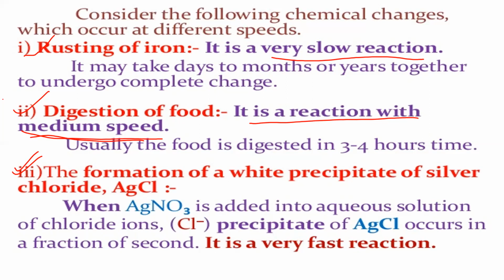That is why it is a very, very fast reaction. So depending upon the time taken, we have very slow reactions, moderate reactions, and very fast reactions. Majorly these three types of reactions we have in general.